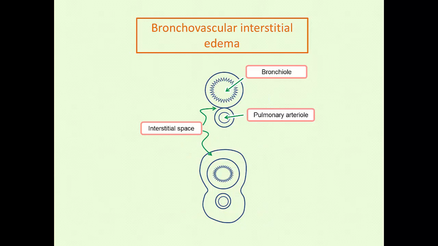The interstitial pressure around the bronchovascular bundle as they approach the hilum becomes more affected by pleural pressure. So there tends to be a lower pressure in the bronchovascular bundles as compared to the alveolar pressure, and so it promotes a nice gradient for lymphatic drainage.